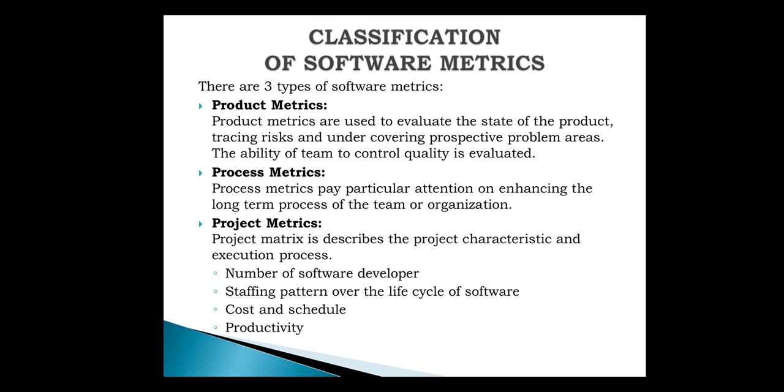Then next is the classification of software metrics. There are three types of software metrics. First one is product metrics, second one is process metrics, and third one is project metrics. So what is product metrics?